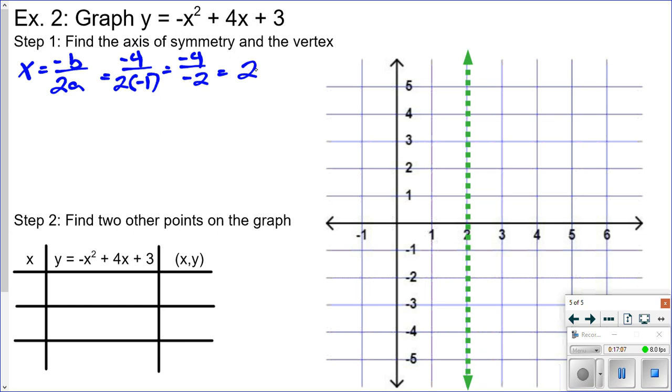This is the x value because the vertex is on the line of symmetry. So we have the x value, we need the y value. And to get that, we're going to substitute this x value into the function. So I'm going to take my function, I'm going to substitute in 2. Now be careful here. This is negative, and then in parentheses, oh, I thought I was substituting -2. Sorry.